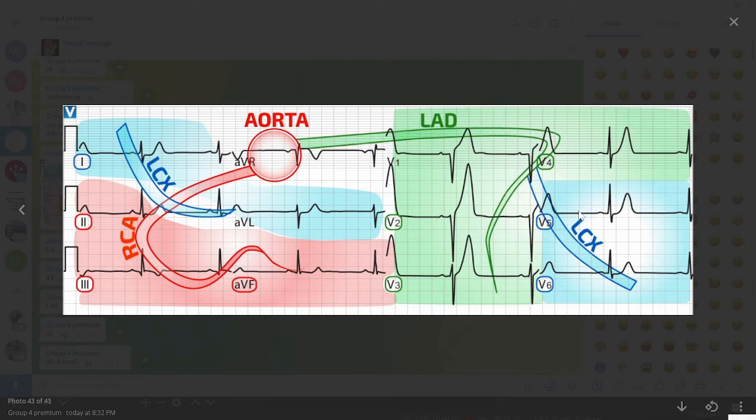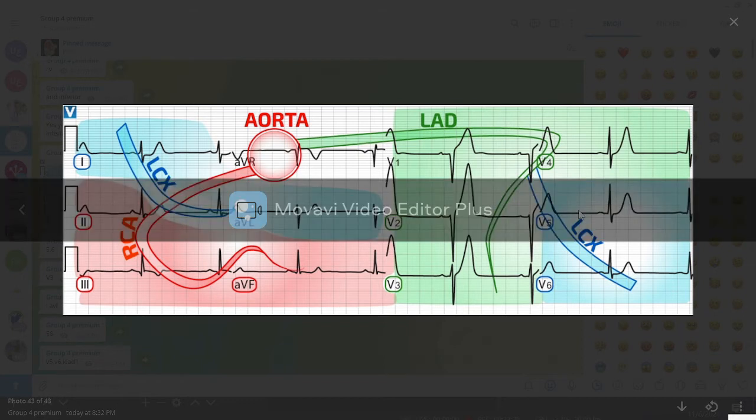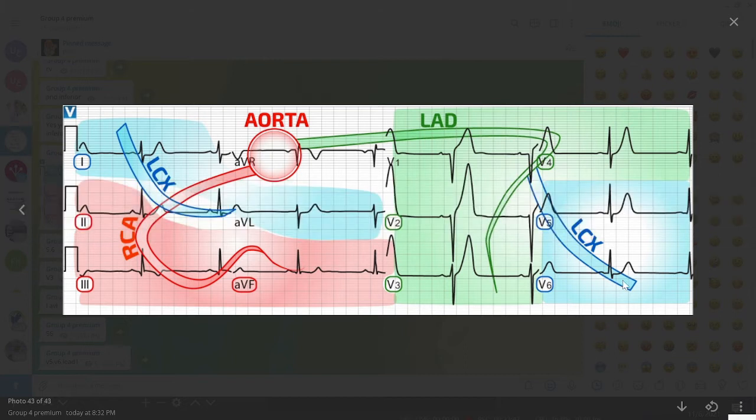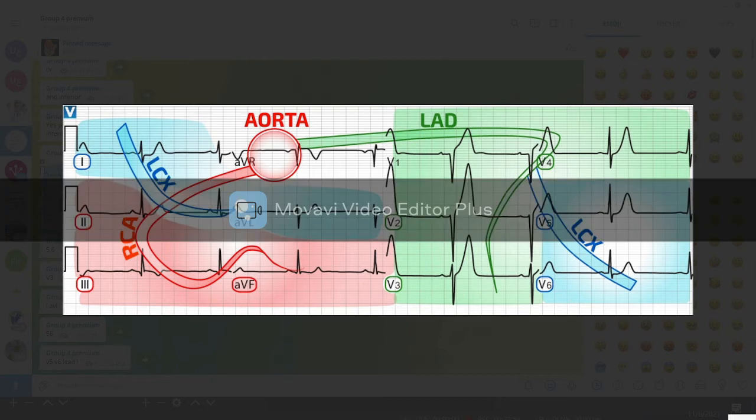So the patient has left circumflex and what else? Left circumflex in addition to V4, V3 and V2. So this will have the ST segment elevation. Okay? If it was solely LCX, it will be going like this. I hope it makes sense. So according to which coronary artery is affected, you will have the ST segment elevation in that exact territory.